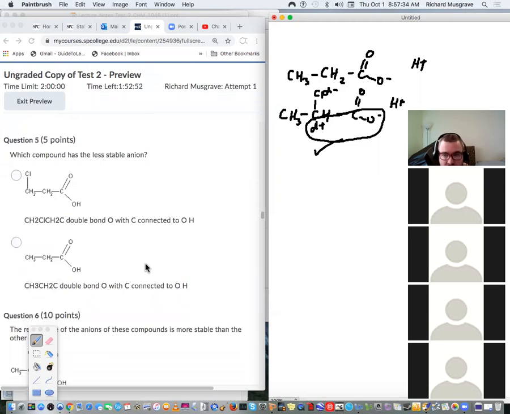Which compound has the least stable anion? Well, this one's kind of similar, so I'm just going to shortcut this a little bit. That's one anion, and here's the other anion.